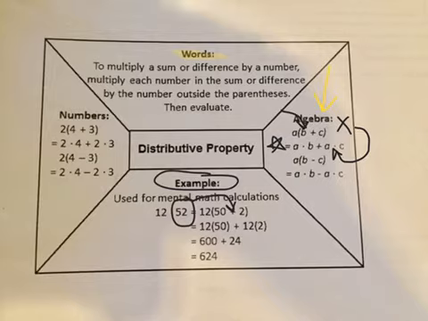So decomposing that number 52 and then multiplying both of those numbers by 12 can get you to your answer for 52 times 12.